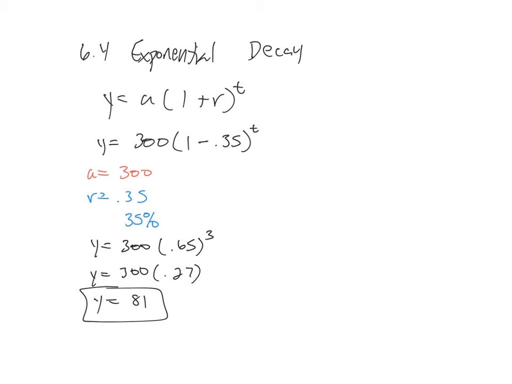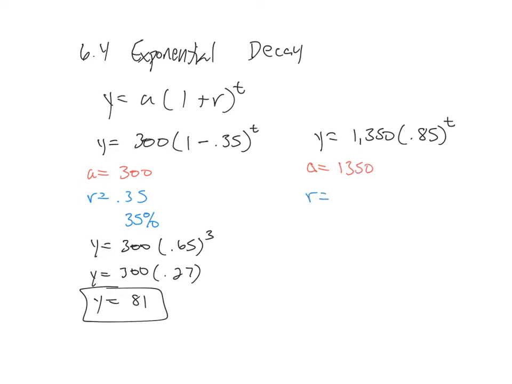Okay, so if you had a problem like this, it wants to know the initial amount. That should always be the easy one, just the number in the front, 1,350.